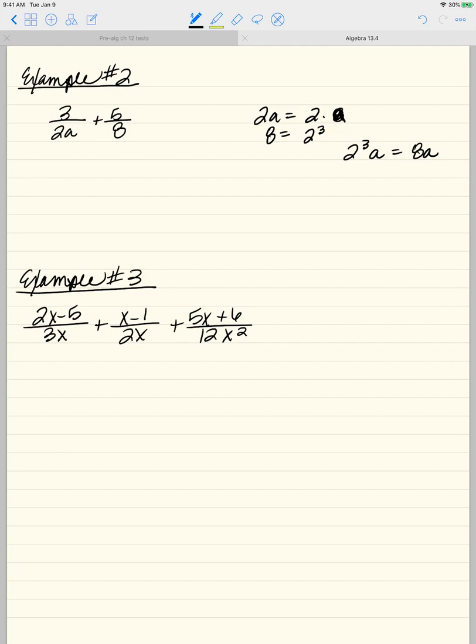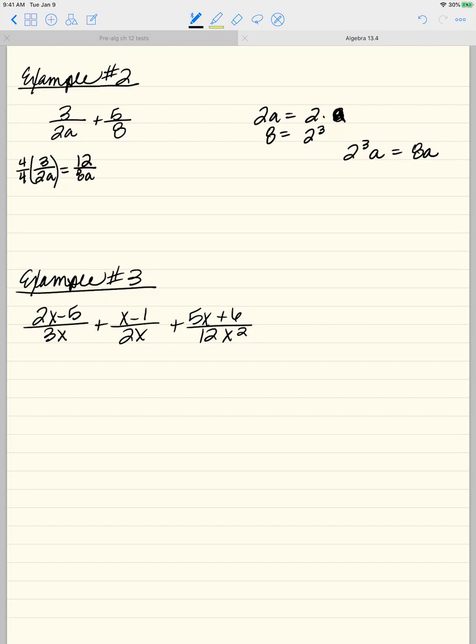Now we have to figure out what both of those expressions are going to be with a denominator of 8a. So 3 over 2a is equal to, how do we get 2a to 8a? Well, we have to multiply everything by 4, because 2a times 4 will give me 8a. So if I'm multiplying my denominator by 4, I have to multiply my numerator by 4.